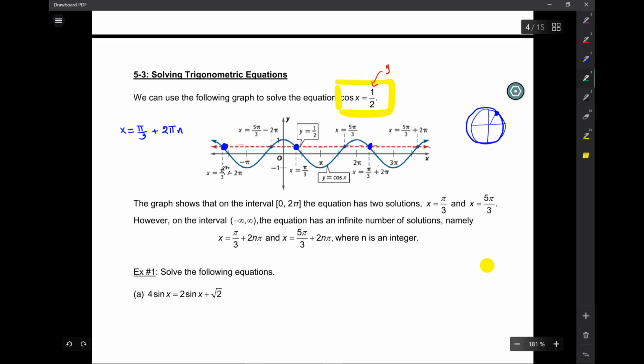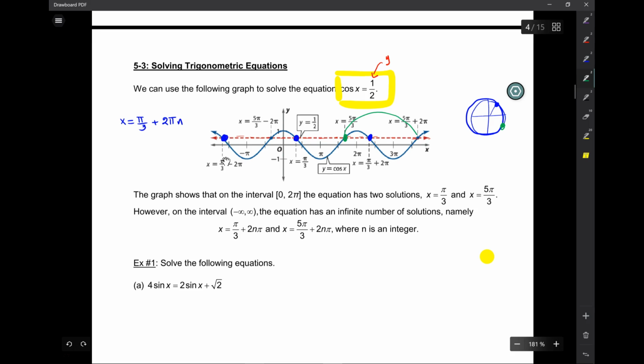Where else is cosine equal to 1/2? Remember, cosine is equal to 1/2 here as well, right? So that's 5 pi over 3 right here. Now, from the 5 pi over 3, if I went over 2 pi, I have another solution. If I went back negative 2 pi, I have another solution.